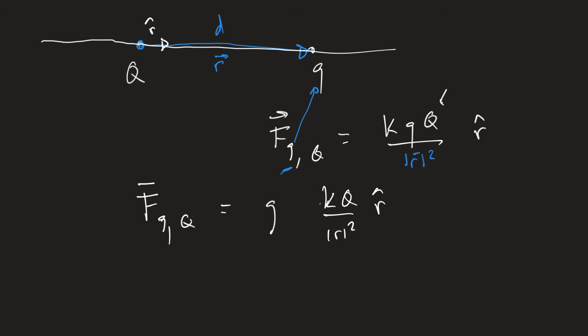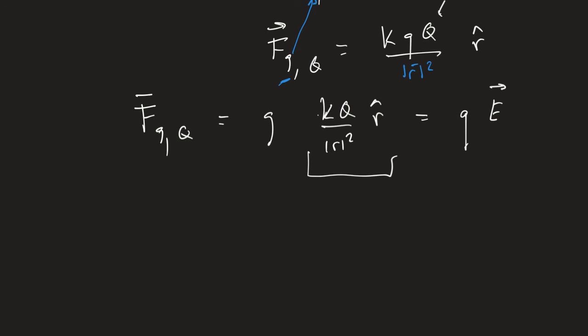So we introduce a new concept, the concept of the electrical field. We say that this part is the electrical field, so we write q times E, where E is the electrical field. What exactly are we doing? We are calling E the electrical field, kQ divided by the magnitude of r squared in the direction of the unit vector r.